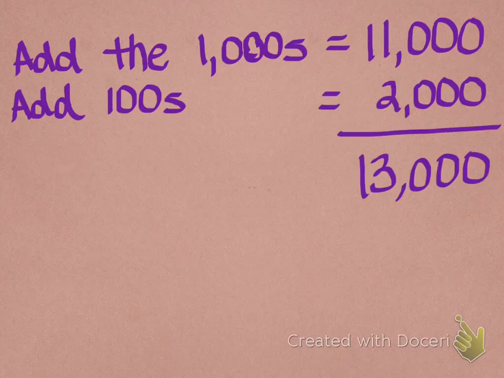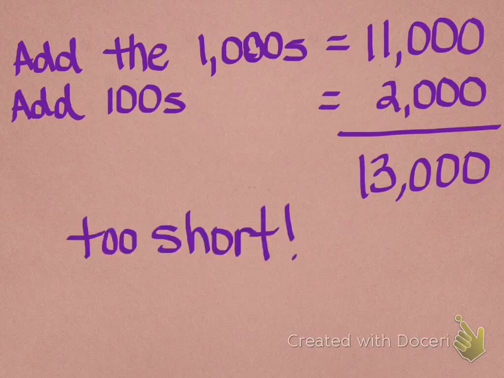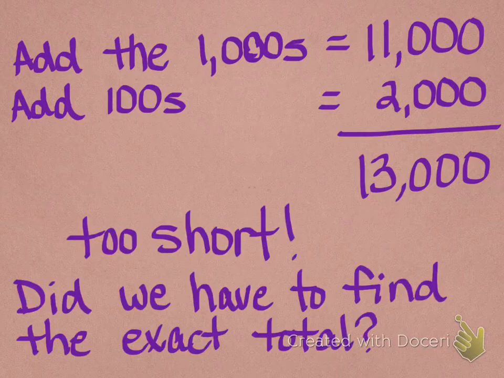Actually, we're not going to add the tens, but when we add those together, we would get 13,000. Looking at that number and thinking about what they asked us, would we get the coupon? No, it's too short. Did we have to find the exact total to find the answer to that question? No, we did not.